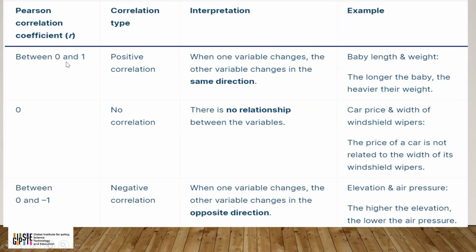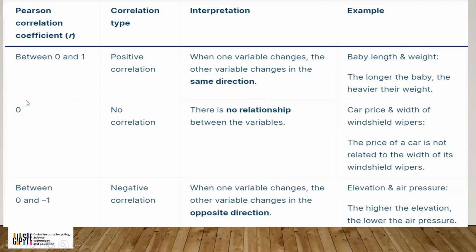Between 0 and 1 indicates positive correlation. Interpretation: when one variable changes, the other variable changes in the same direction. So if baby length is increasing, baby weight must also increase. It means they all move in the same direction. So the longer the baby, the heavier their weight.